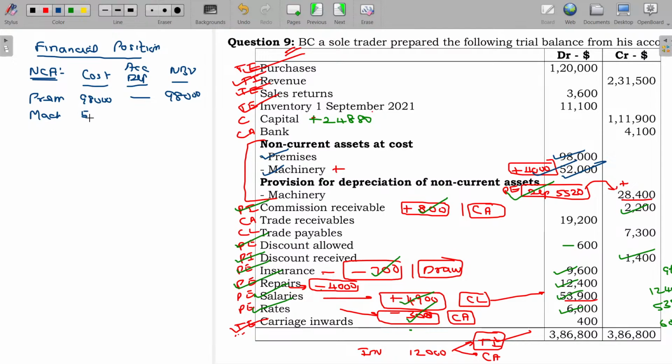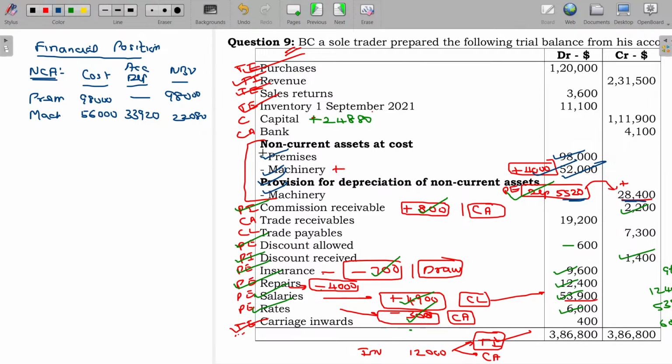That 4,000 is an error, so we rectified that here. And accumulated depreciation on this being 28,400 plus 5,520. You have to add these two. The total value being 33,920. If I subtract this, then the net book value being 22,080.